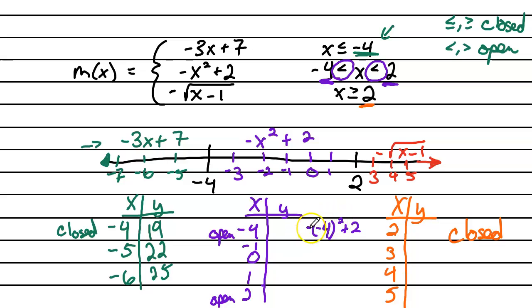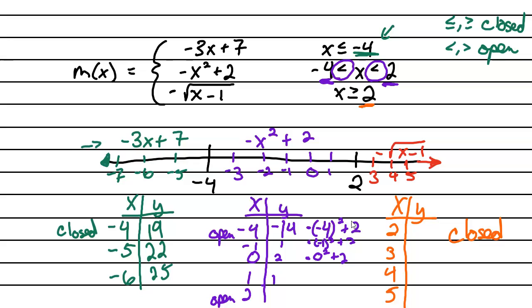Opposite of positive 16 is -16. -16 plus 2 is actually going to give me a -14. -1 squared plus 2. -1 squared is 1. Opposite of that is -1. -1 plus 2 is 1. 0 squared is 0. Opposite of that is still 0. Plus 2 is 2.